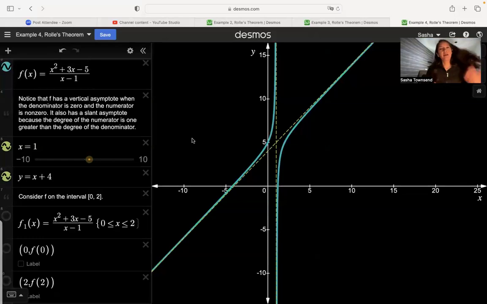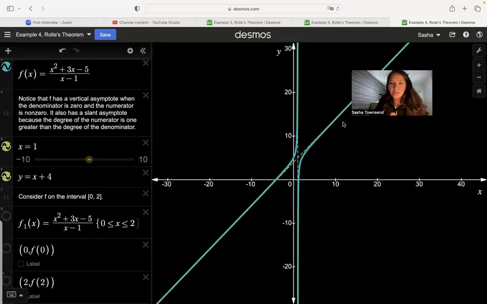So you say to yourself, okay, I want the y values to be the same at a and b. I want to have an interval that does not include x equals 1 because the function has an asymptote at x equals 1. And so I need to avoid x equals 1. So that means either I'm going to be to the left of x equals 1 or to the right of x equals 1. But if you look at those branches, check it out.